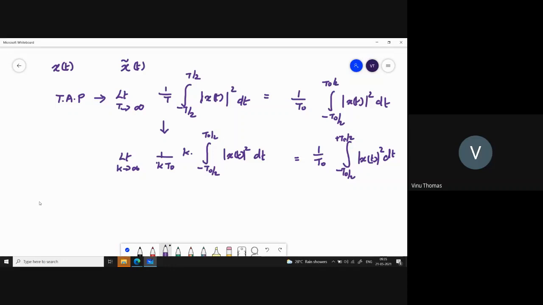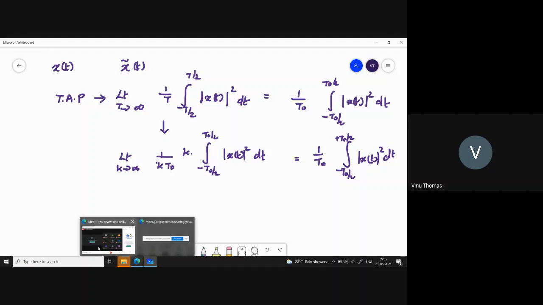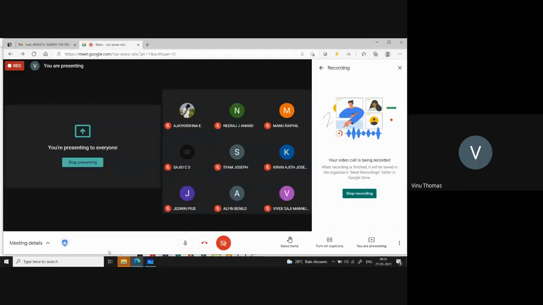This means that if a signal x of t is a periodic signal, then the total average power of the signal will be finite. If it is periodic, the total average power will be finite. So what does that make the signal? Will a periodic signal be an energy signal or a power signal?